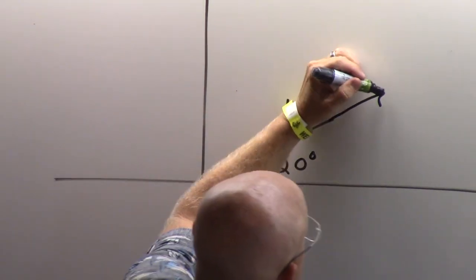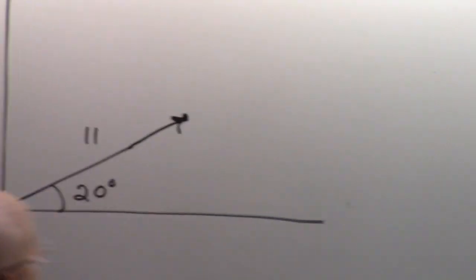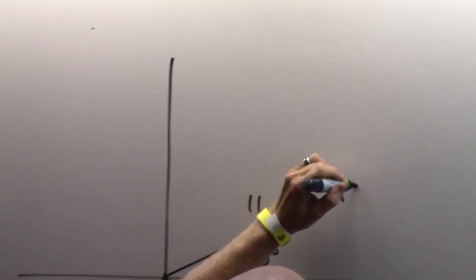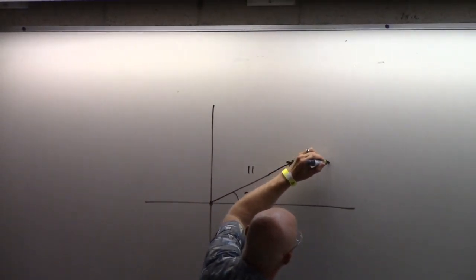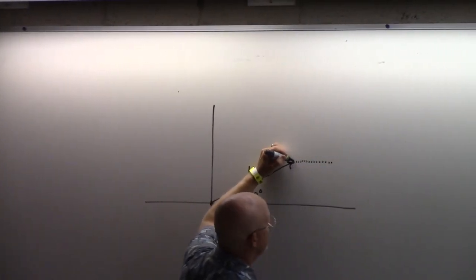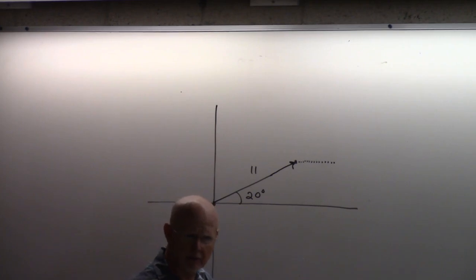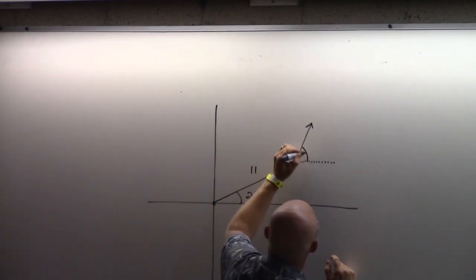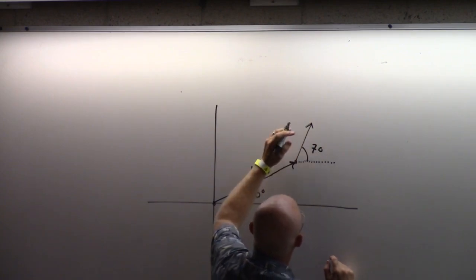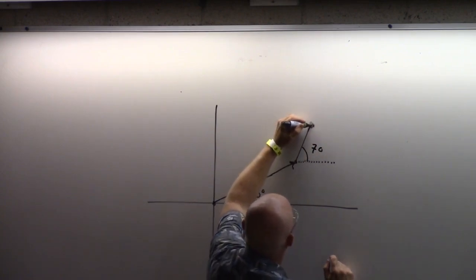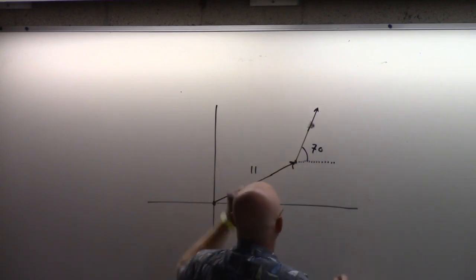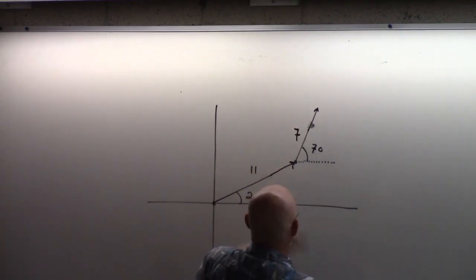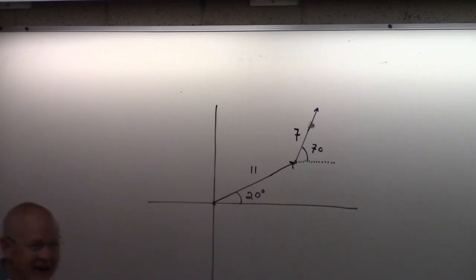And then I said, when you got to this point right here, turn a little bit more, and so I'll just kind of put a horizontal dotted line. Oh, now what did I say 70? You said 70. 70? Okay, so let me turn a little bit more. So now this is 70 degrees. And I said 7 steps? Yeah. Okay, thank you. Glad you're taking good notes there. Okay, all right.